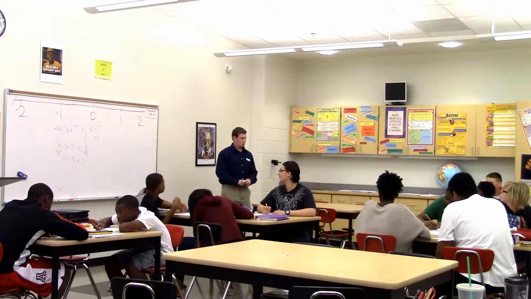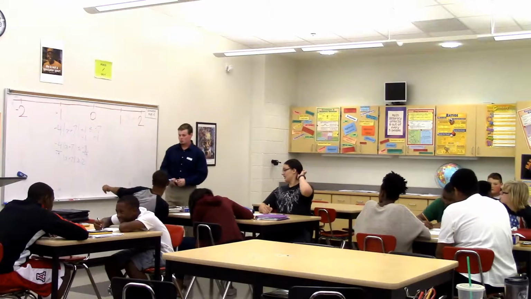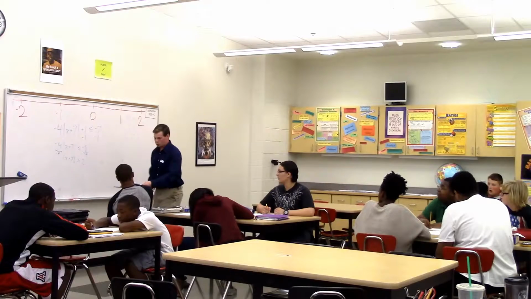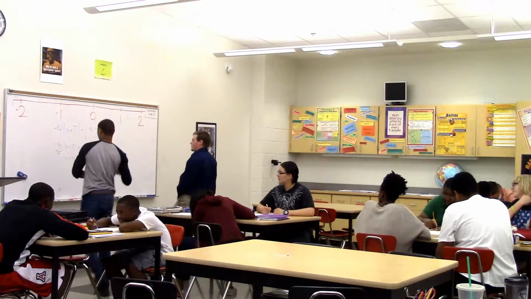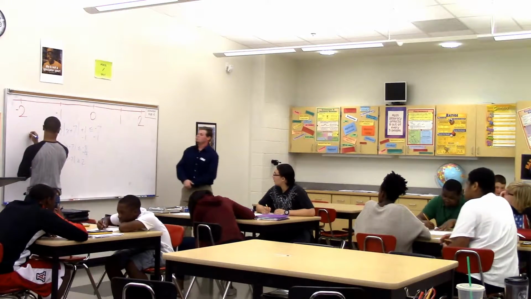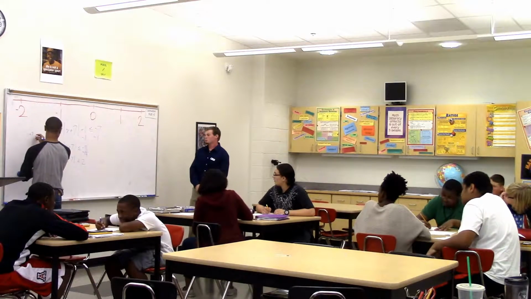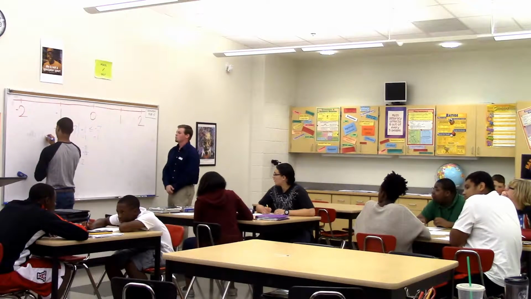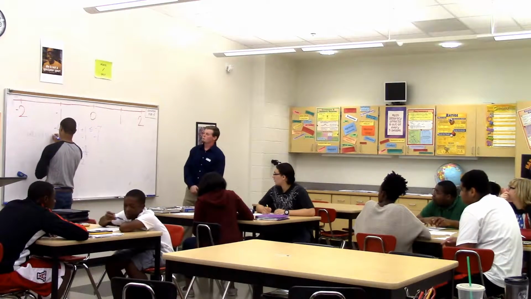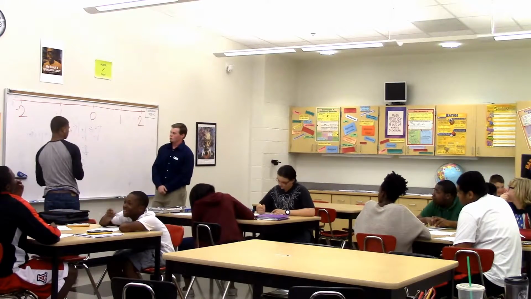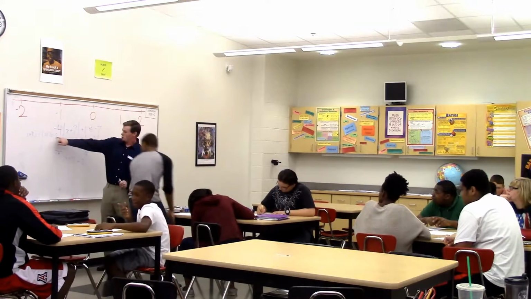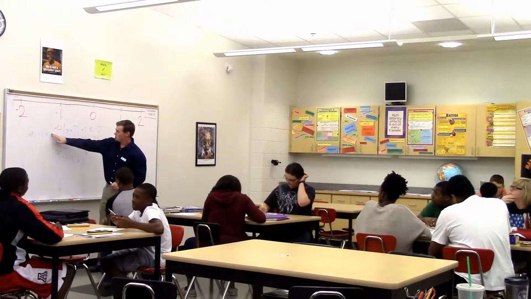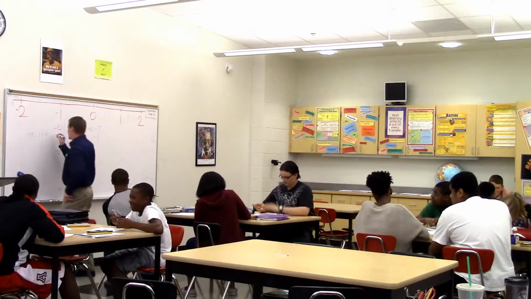You gotta put the inequality sign right. But you changed the sign over here. So we do that. You gotta flip it. Alright. Does everybody see how I got that?